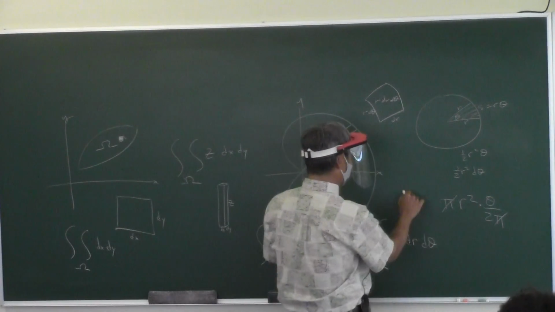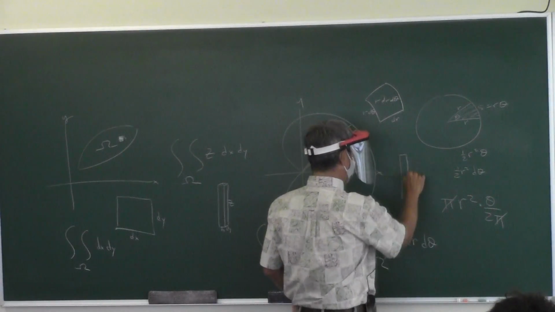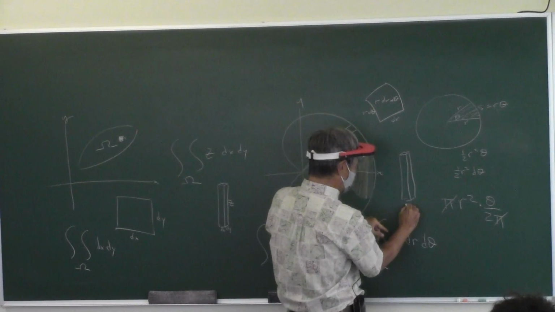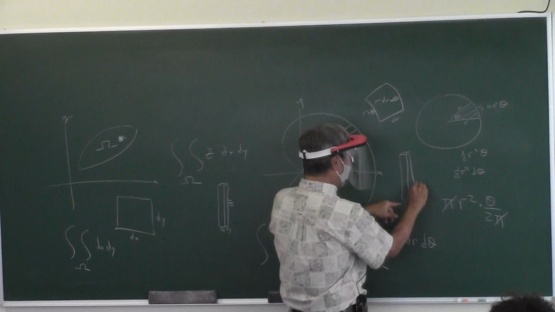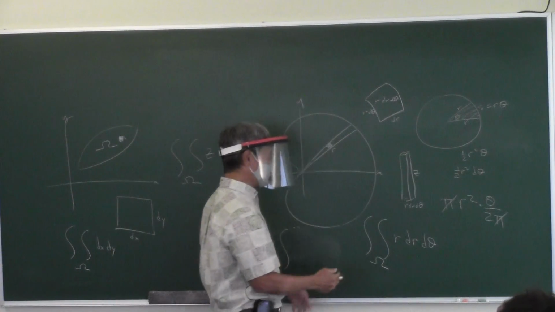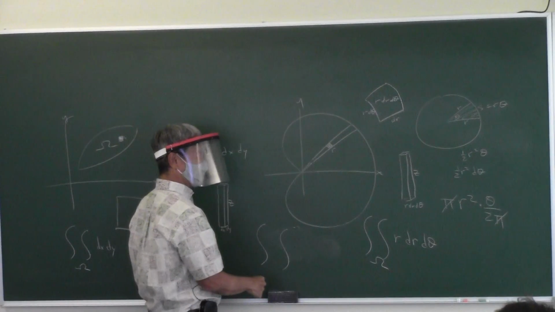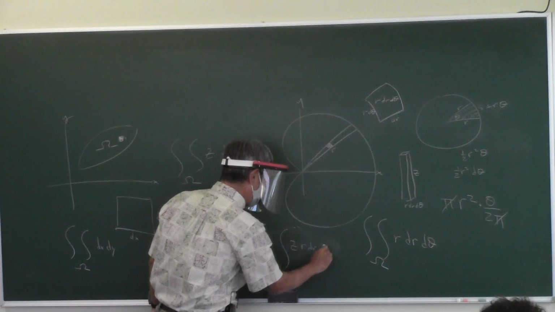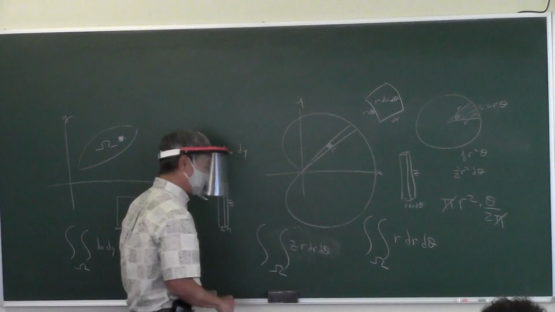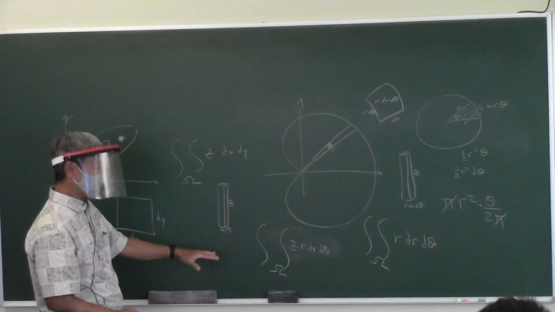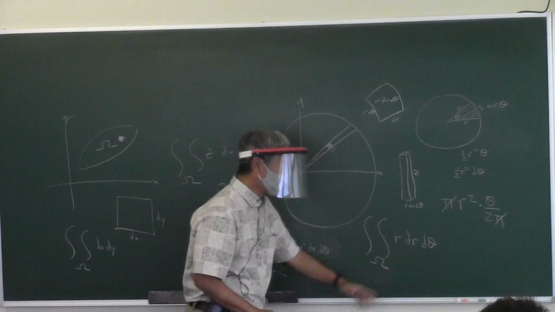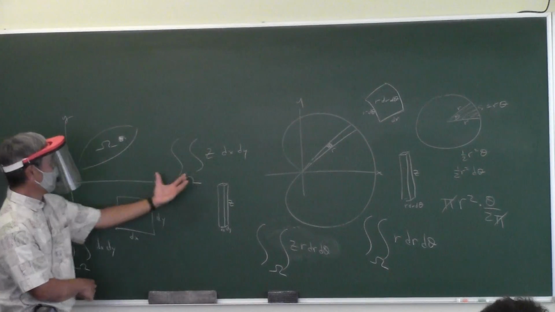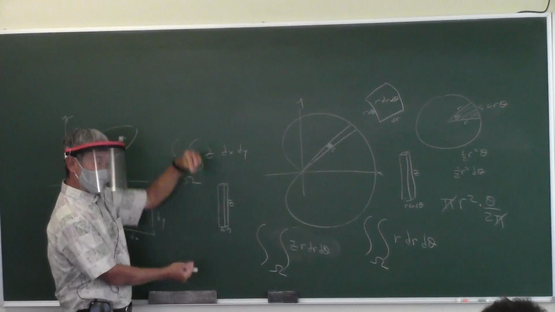The area of the base is r dr d theta, and this is z, so what would the volume be? z r dr d theta, and then you integrate over omega again. That will give you the volume. So this one gives you area, this one gives you volume. Just like over here, this is area, but then this is volume, right? Because you're multiplying it by a height.